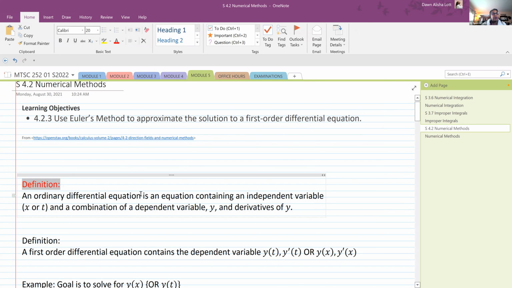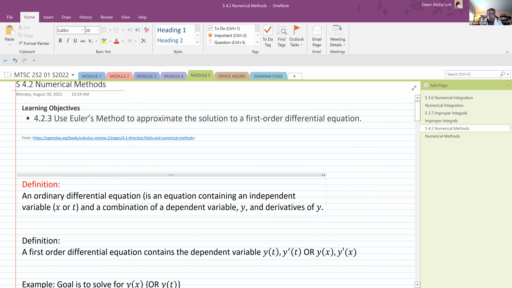And here is the definition. An ordinary differential equation, otherwise known as an ODE, is an equation containing an independent variable x or t and a combination of a dependent variable y and derivatives of y.